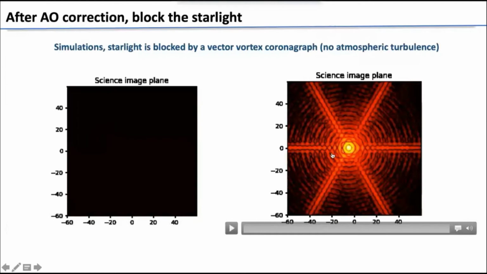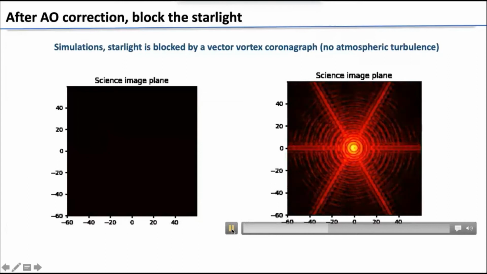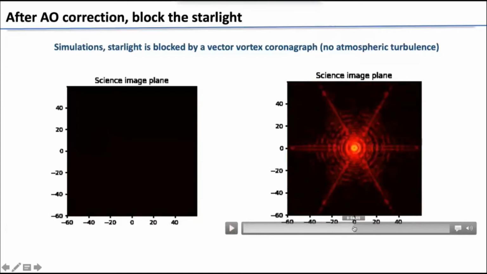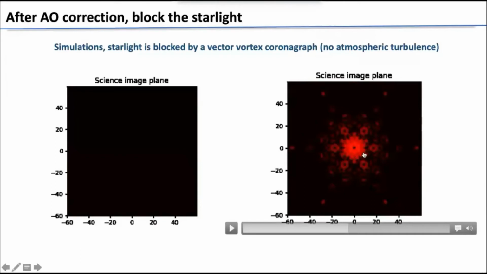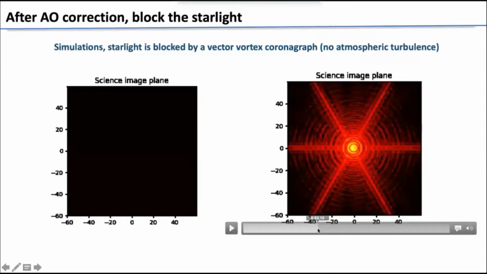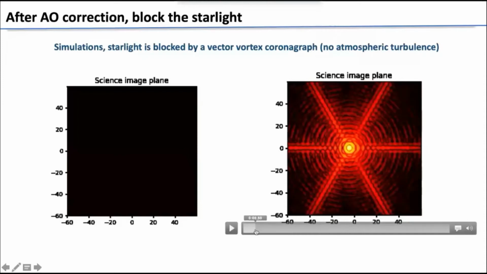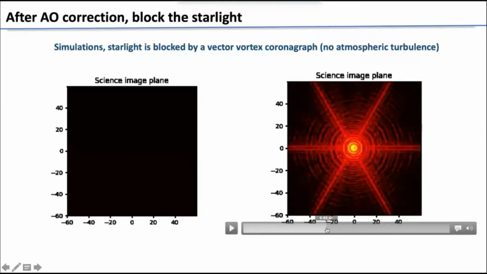So for example, this is the PSF of the TMT pupil. This is a case when there is no atmosphere, and you are simply looking at a star through the TMT pupil and blocking its light. Without a coronagraph, that's what you see theoretically with no atmosphere.